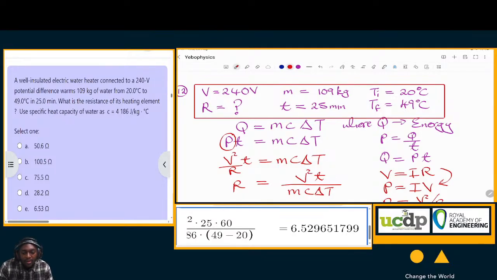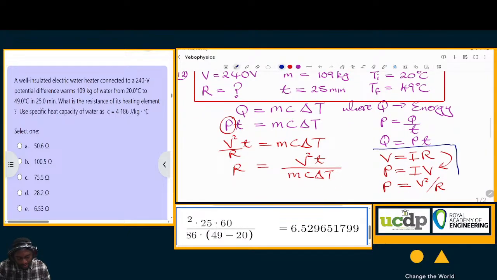Since we are given the specific heat capacity, the mass, and the change in temperature, it's possible to calculate the energy supplied. But you also know that energy over time will give you power. But also remember that power is equal to V squared over resistance, which I've highlighted for you here. You must have come across these two equations, which reduce to P equals V squared over R. So the rest becomes substitution.